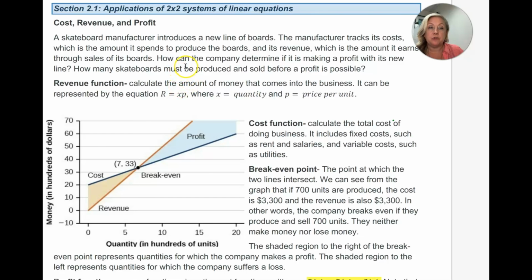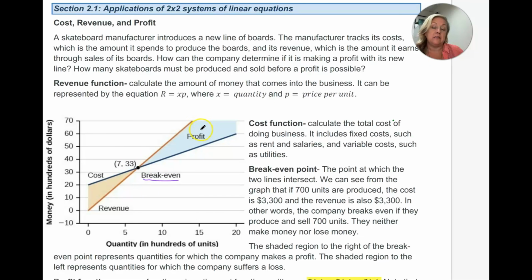Businesses sometimes will use systems of linear equations to figure out what they call the break-even point. With this example, this break-even point is where we have the cost equation, the equation that makes up all the things that you're going to be spending in your business, and your revenue equation, how much money you're bringing into your business, and the point in which those two lines cross each other is called the break-even point.